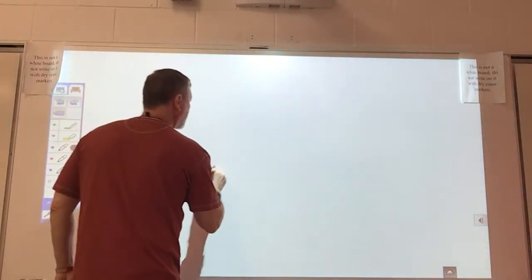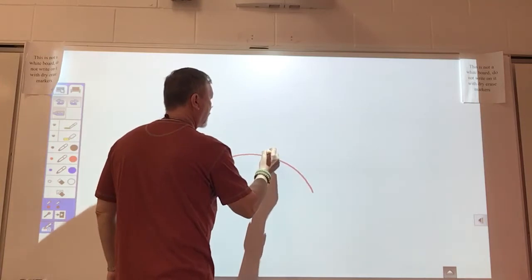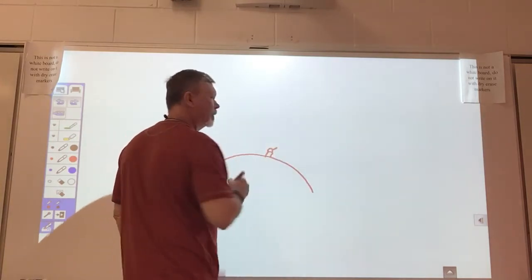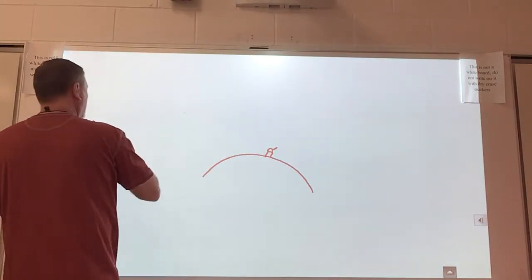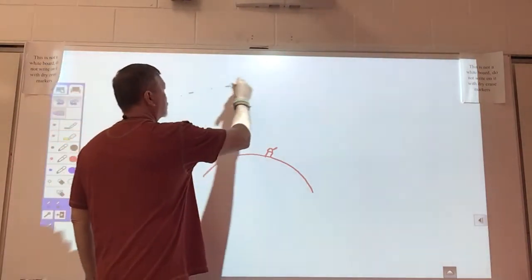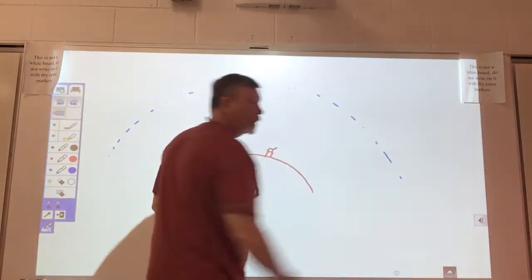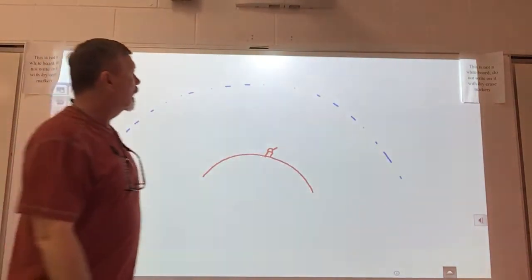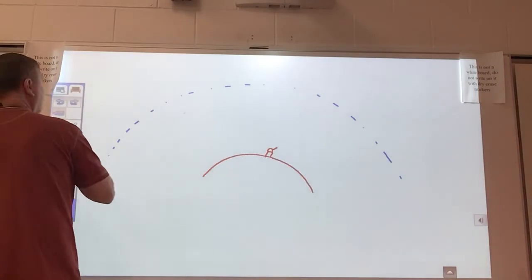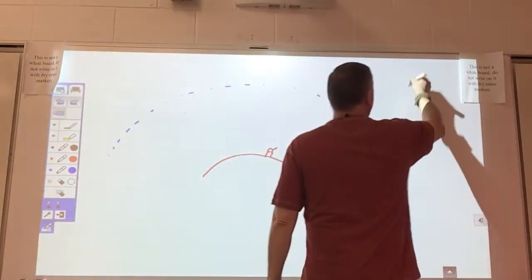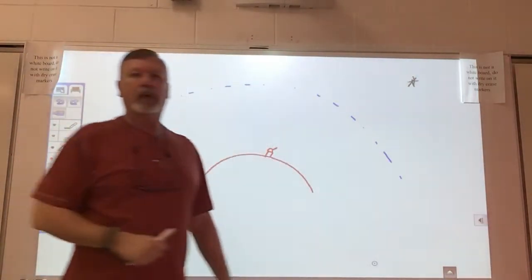So if this represents the Earth, and here's my observatory, right there. Here's the atmosphere around the Earth, like so, okay? And I'm looking at a star that's over here. There's my star, okay?